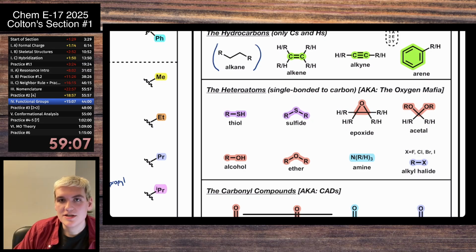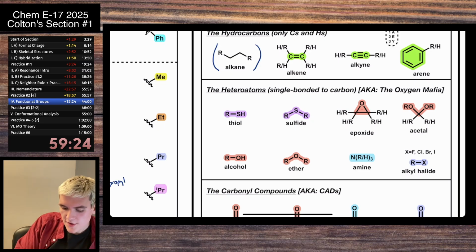And when I write a notation like R or H, that means we could have a carbon on the other side, or we could have an H on that side, and whether we have a carbon or an H, it doesn't change the identity of the functional group. Whereas you'll see in a little bit, if we have some things on a certain side, then that will change the identity. So we have ether, oxygen with carbons on both sides, and we have the sulfur version of it as sulfide.